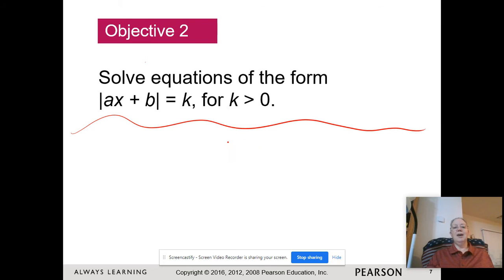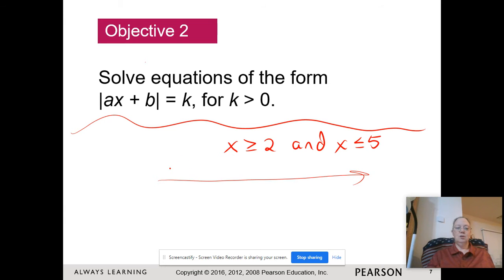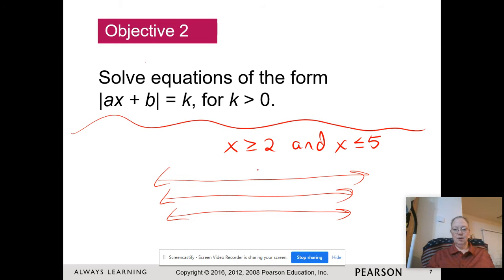So let's suppose I have x is greater than or equal to 2 and x is less than or equal to 5. I'm going to show you 2 different ways. First way is I'm going to do the 3 number lines. The first one, we've got 2, and we're going in this direction.